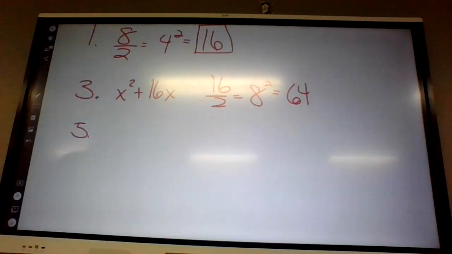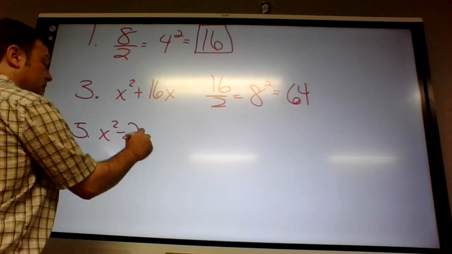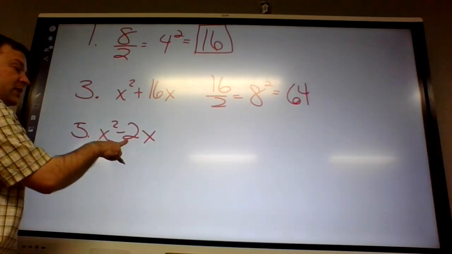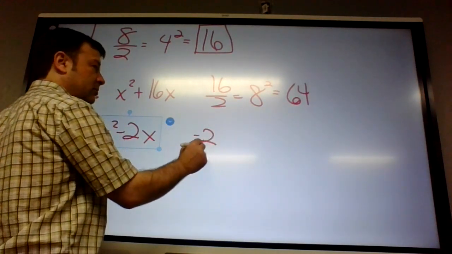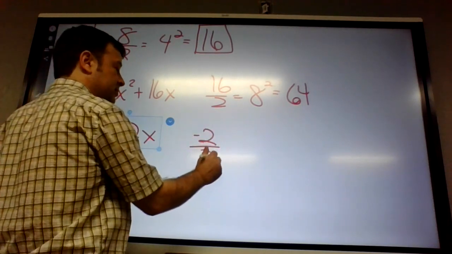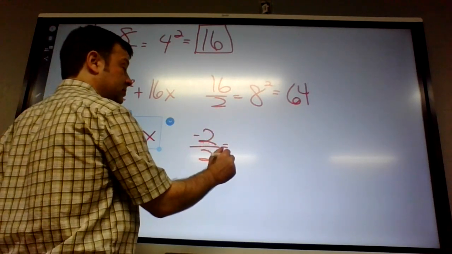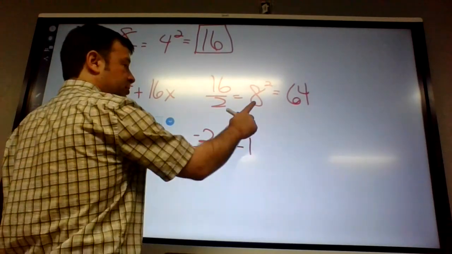Okay, number 5, Olivia. You take the number in front of the x, -2, and then what did we do with it? Divide by 2, which would equal -1. And then you square it.